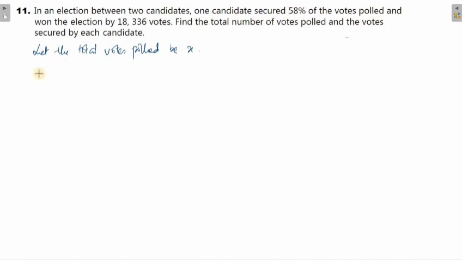So the winning candidate's number of votes is 58% of X. It's simple. When you write this as 58 by 100, this can be written as 58x by 100. For now, let's not cancel.